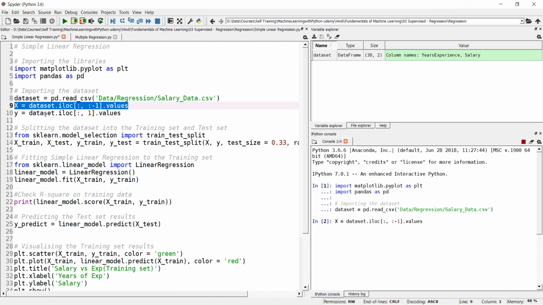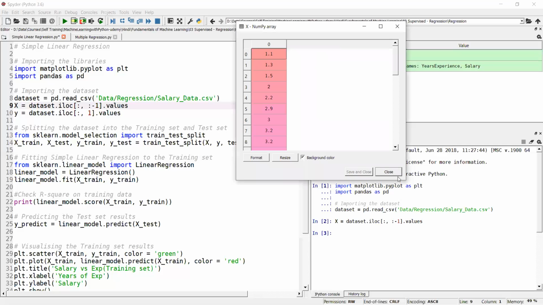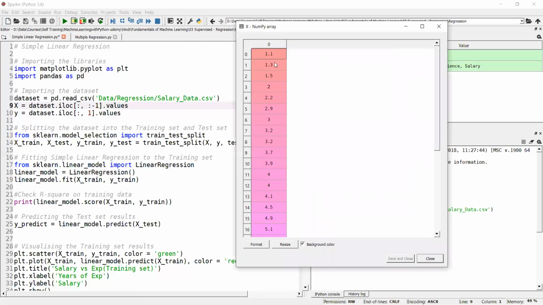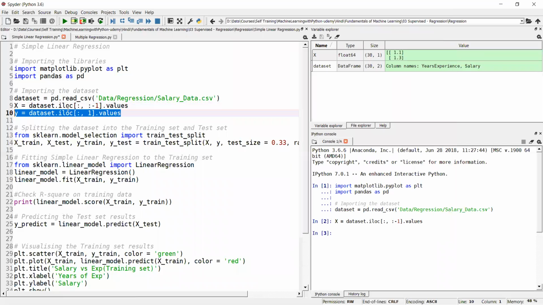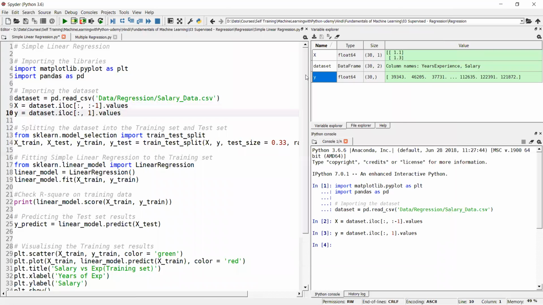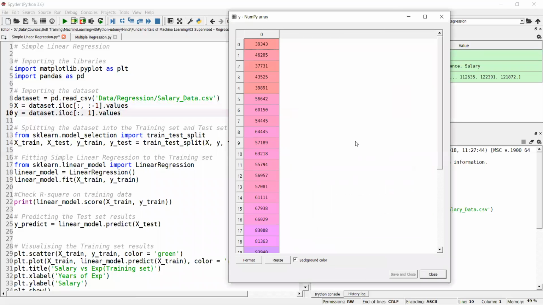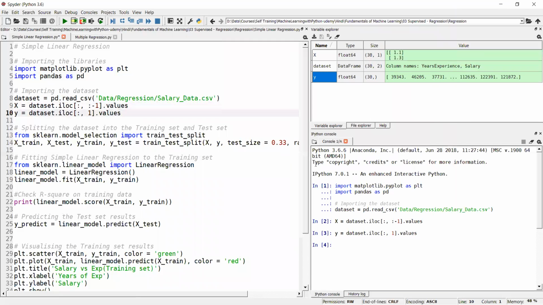I will execute this, and then x came. If I open x, I can see the one column, because the last one I didn't import. Now for y, I will import the last column, that is the dependent variable. You execute this and you will get this. So this is the salary column. Till here everything is clear to everyone? Any question on this?